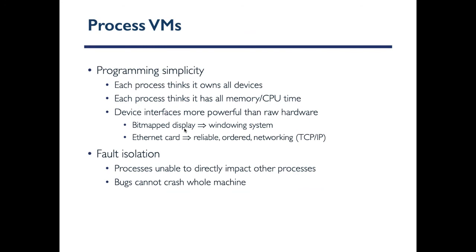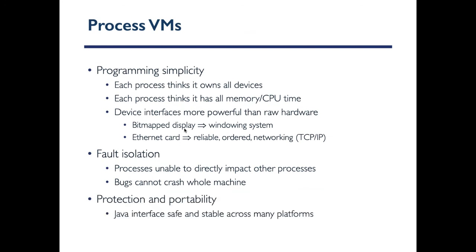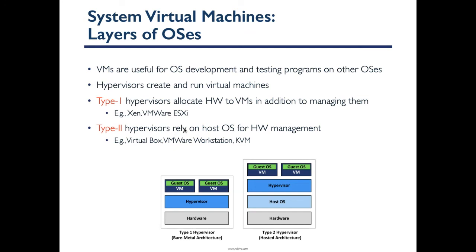You want to provide isolation: protect processes from each other, and protect yourself, as the operating system or virtual machine provider, from the processes. Java is a good example. If you don't want to focus only on operating systems, you can look at the Java virtual machine. That's a process virtual machine. A more involved way of providing virtualization is next.